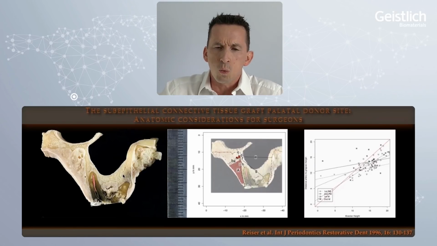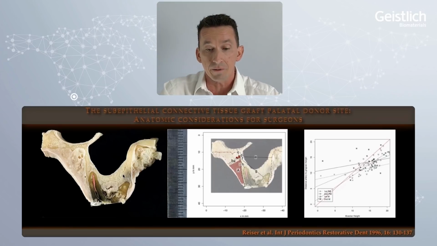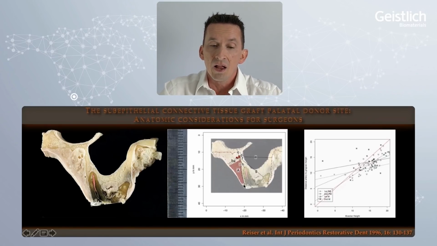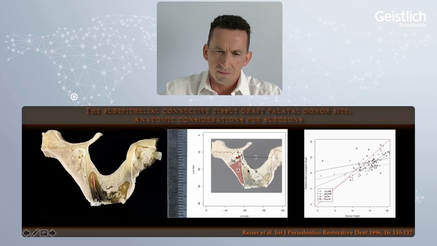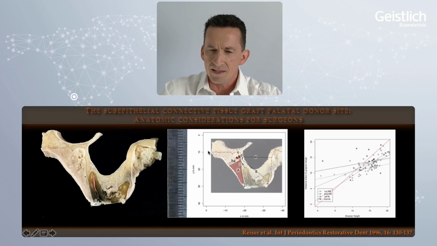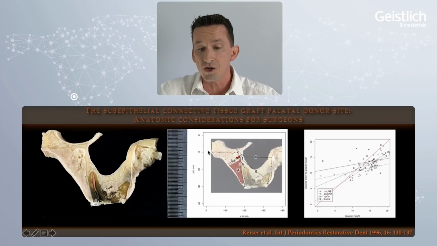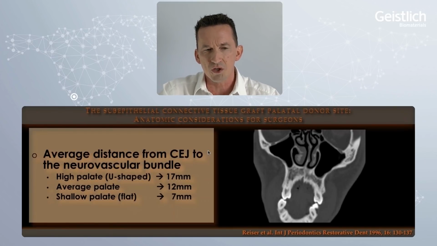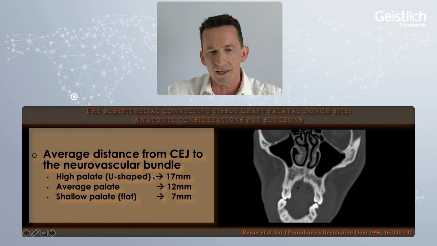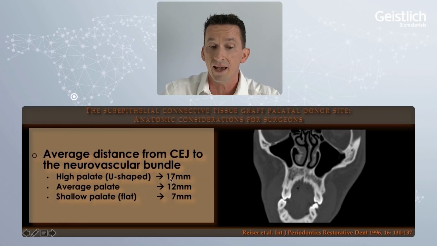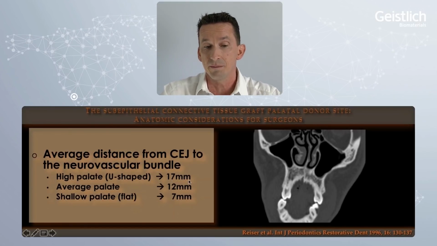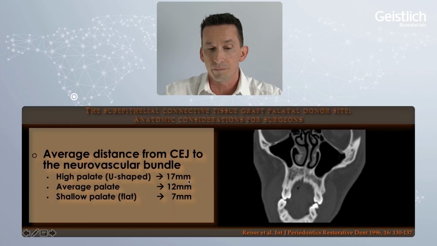What about the quality and quantity of that tissue? And there is a nice study from Reiser and co-workers where you can see the more U-shaped the palate is, the thicker the connective tissue graft. Which means in a high palate, which is U-shaped, we can have up to 17 millimeters of thickness.